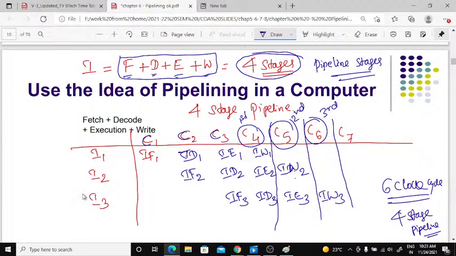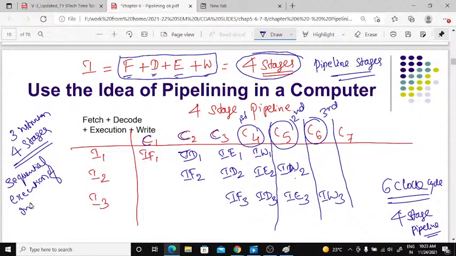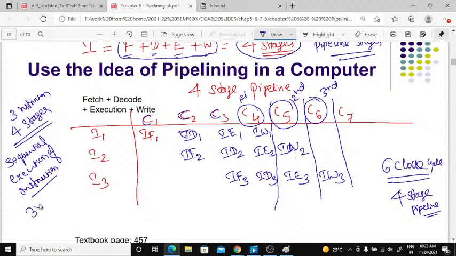Suppose the same approach for three instructions and four stages, and if we use sequential execution of instructions, then it will take 3 into 4, that is 12 clock cycles.